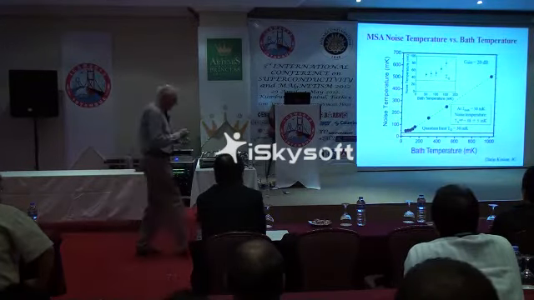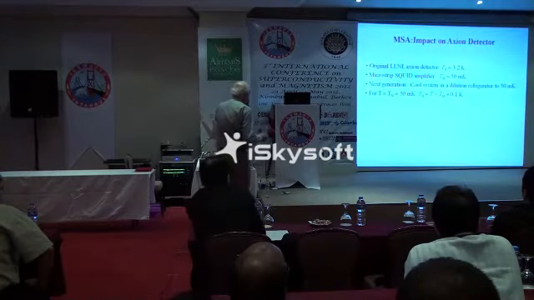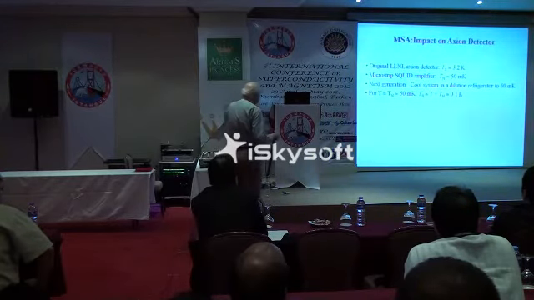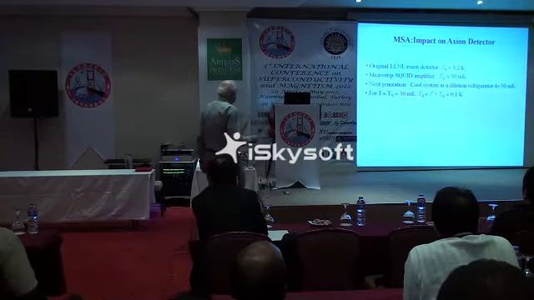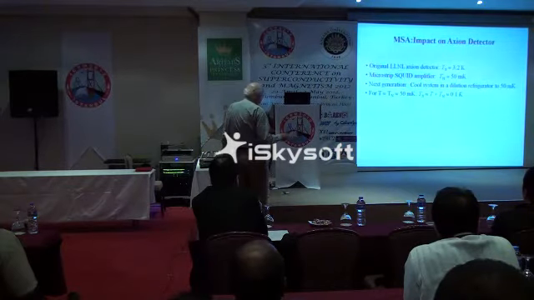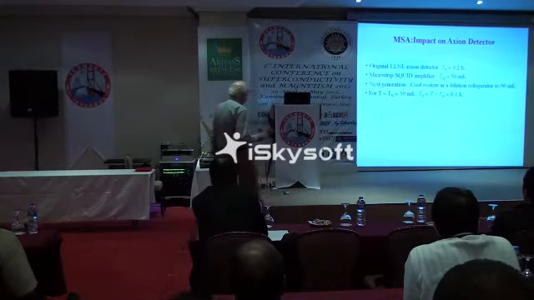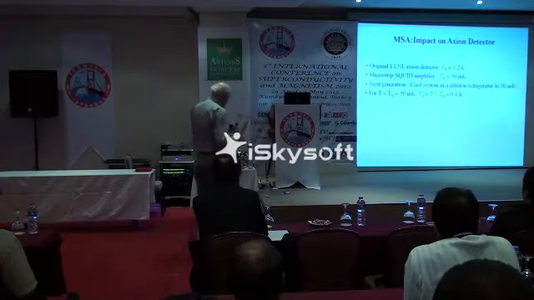Well, finally, what is the impact on the axion detector? Remember that the original axion detector had a system noise temperature of 3.2 Kelvin. If we take our measured squid amplifier noise temperature of 50 millikelvin and assume that the next generation of axion detector will be cooled in a dilution refrigerator also to 50 millikelvin, that means the system noise temperature will be 0.1 Kelvin.